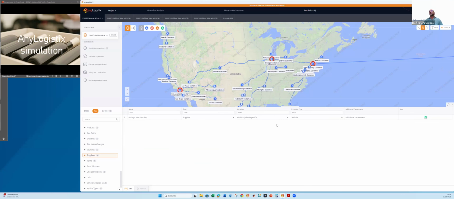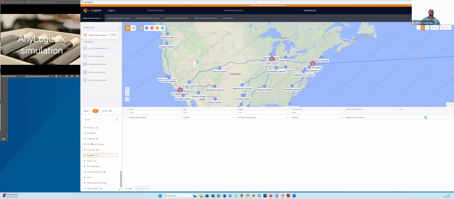And we have the supplier. I'm modeling the bodega as a supplier because we could have used the factory concept, but in fact it's not a factory, because it's just producing once a year. It's mostly the concept of a supplier or even a distribution center, so I decided to use the bodega as a supplier.